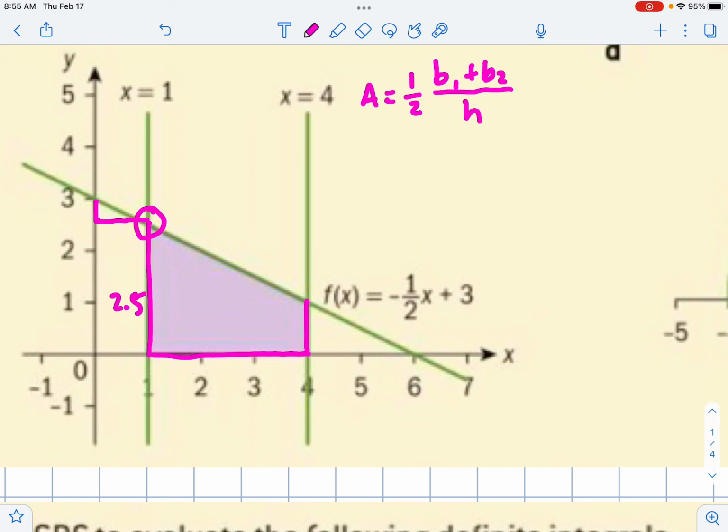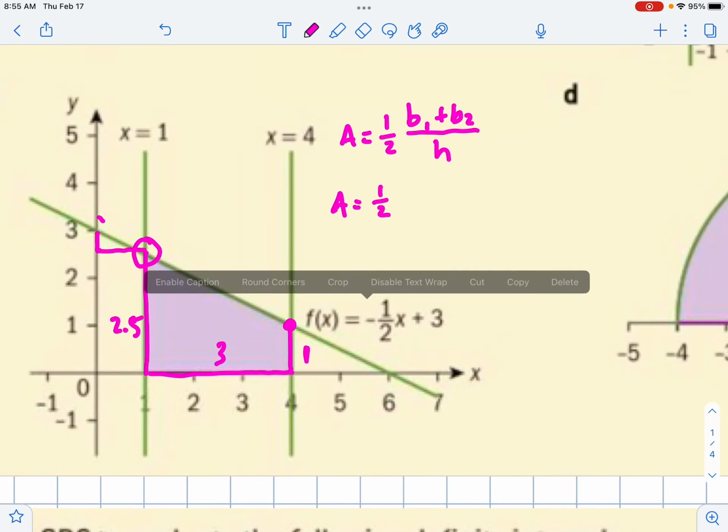So this side is 2.5. And then this intersection, I think, is perfectly on 1. Down 1 over 2, down 1 over 2. Yeah, this one does land on 1. So this is a distance of 1, and from 1 to 4 is a different distance of 3. So the area equals 1/2.